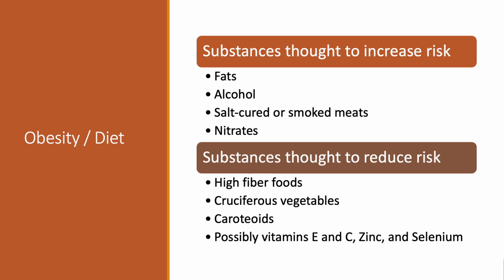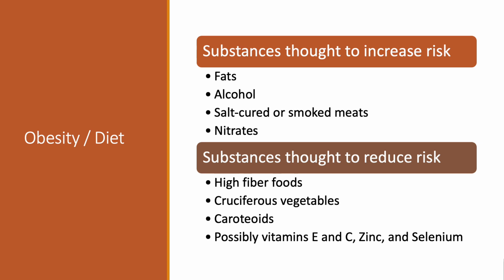Substances thought to increase your risk of developing cancer are having a diet that is high in red meat and fat and low in fiber. Alcohol. In women, just drinking 2 glasses of wine daily can increase your risk of developing breast cancer. Salt cured or smoked meats, and nitrate.